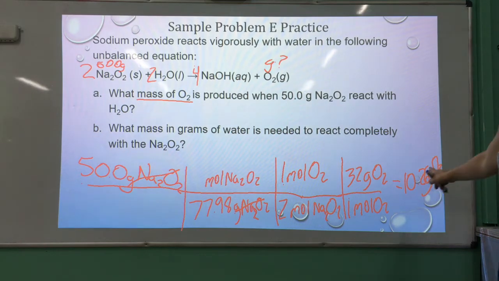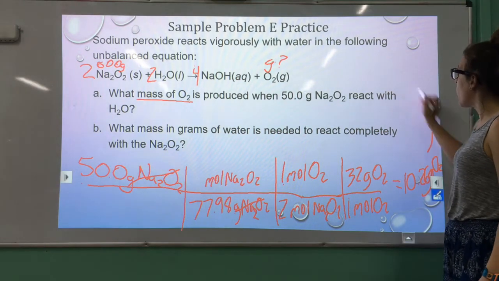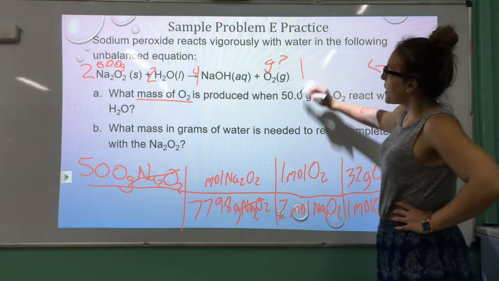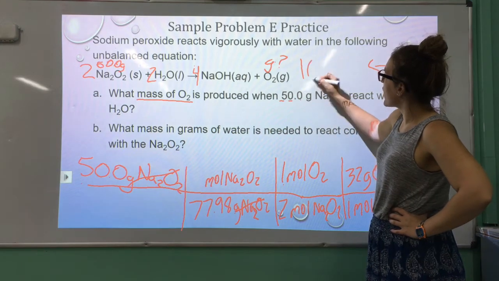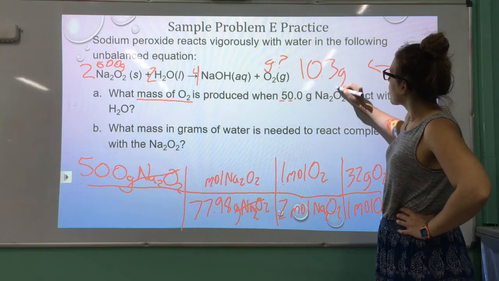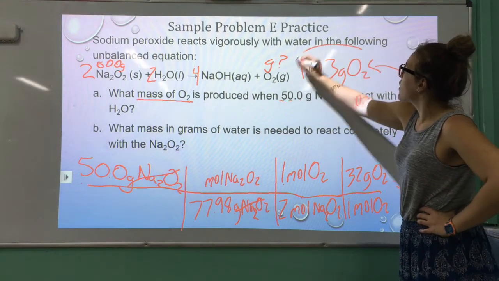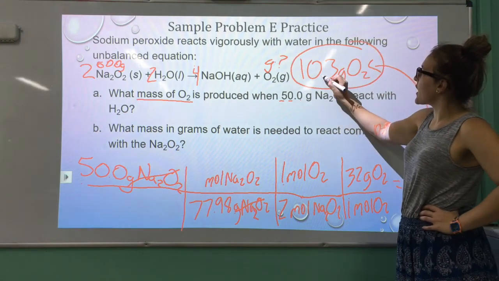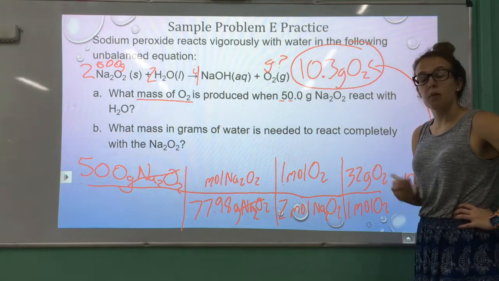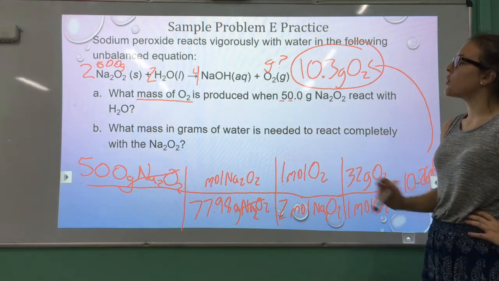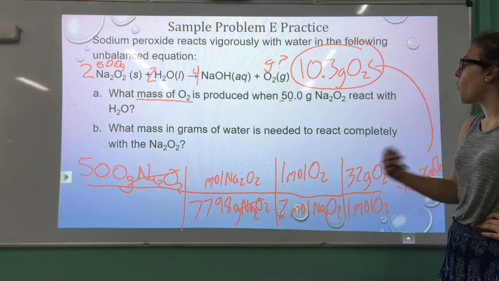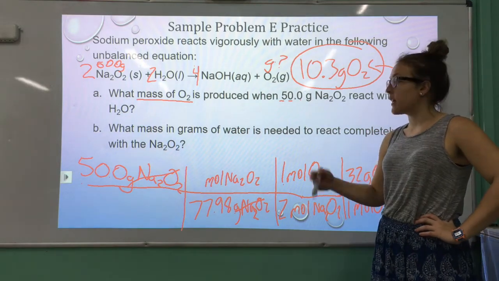But sig figs, are they correct? No. Let's go up here. Because we start with 3, 1, 2, 3, our answer must have 3 sig figs. So 10.3 grams of oxygen.